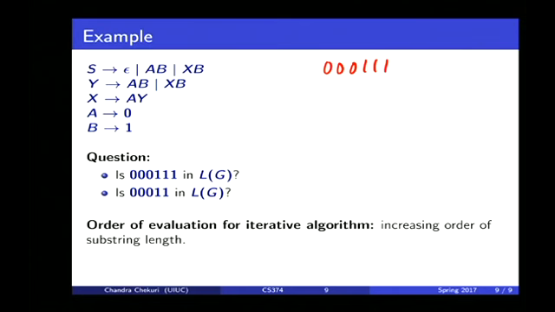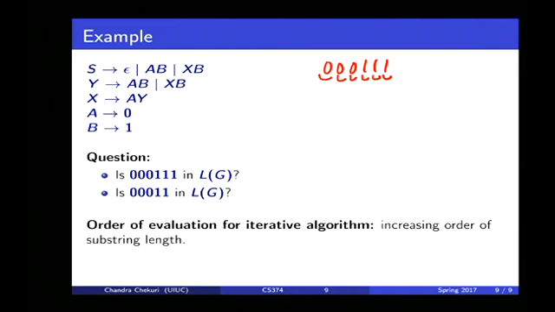How many substrings of length 1 are there here? 6, but they're all very similar. For every such substring, we have to figure out, for every non-terminal, whether that non-terminal will derive that substring. That's a lot of work, but it's a polynomial amount of work.